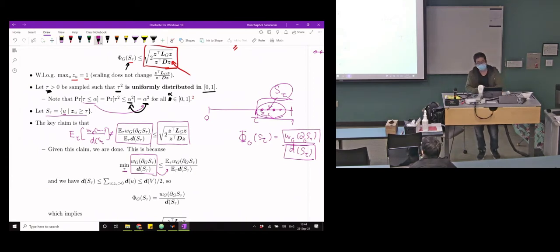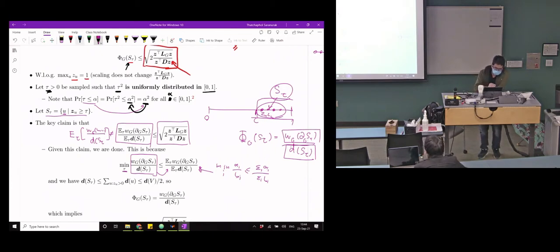We use this repeatedly: the min of a_i over b_i is at most the sum of a_i over the sum of b_i. It's just this inequality.